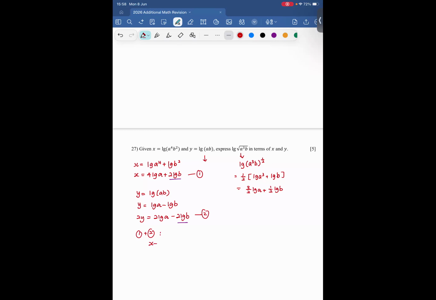So I know x plus 2y is equal to 4 log a plus 2 log b plus 2 log a minus 2 log b. You can see that the log b will cancel out. So 6 log a is actually equal to that. Log a is actually equal to 1 over 6 x plus 1/3 y.